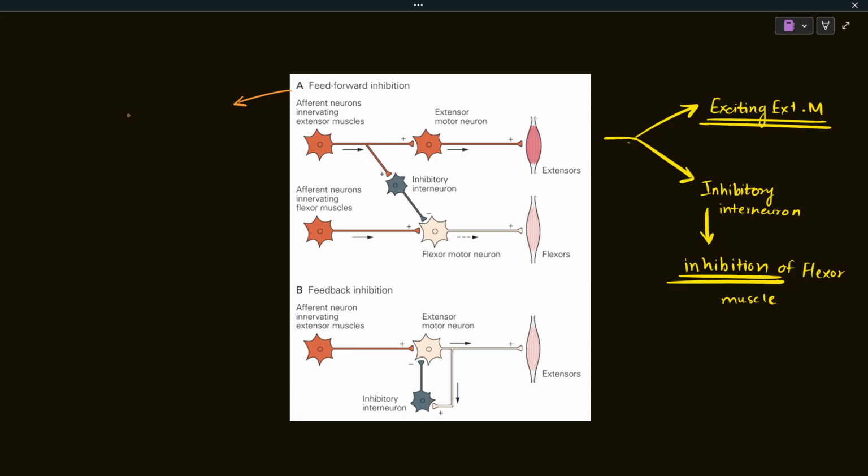Feed forward inhibition ensures the smooth movement by inhibiting the antagonistic movement, okay?